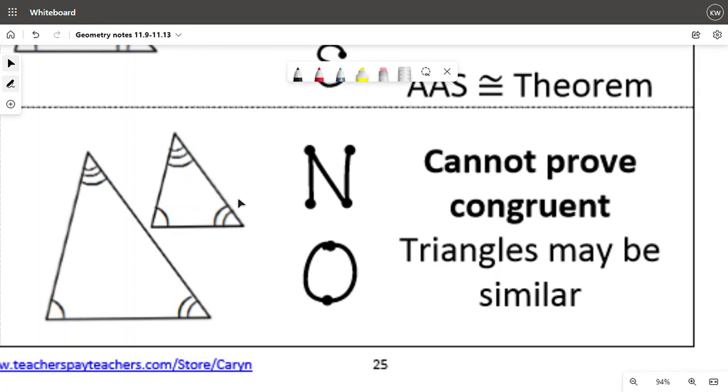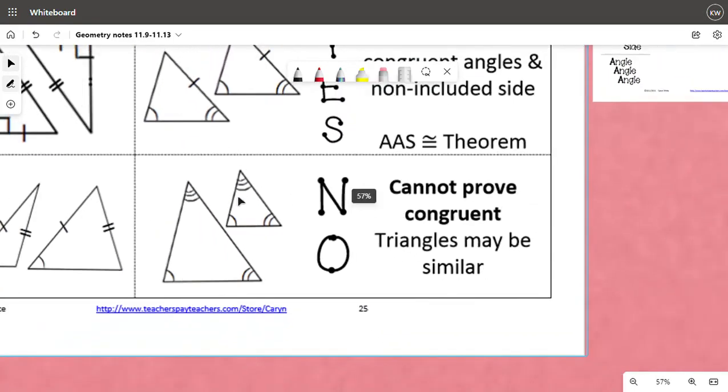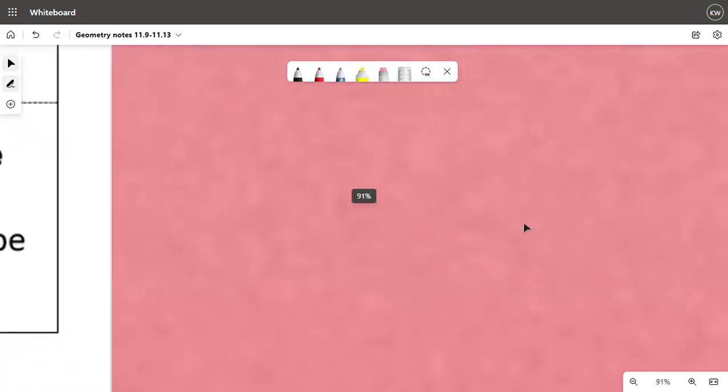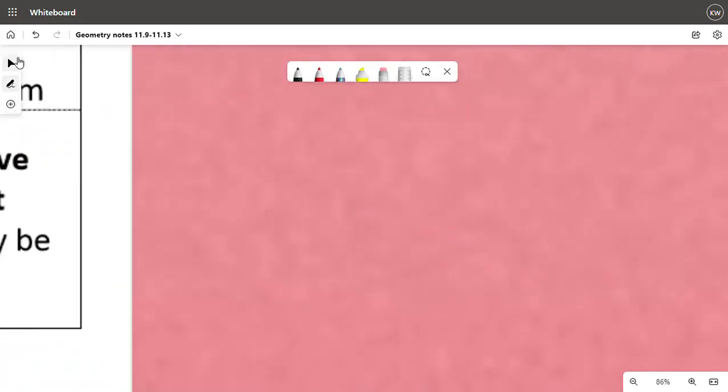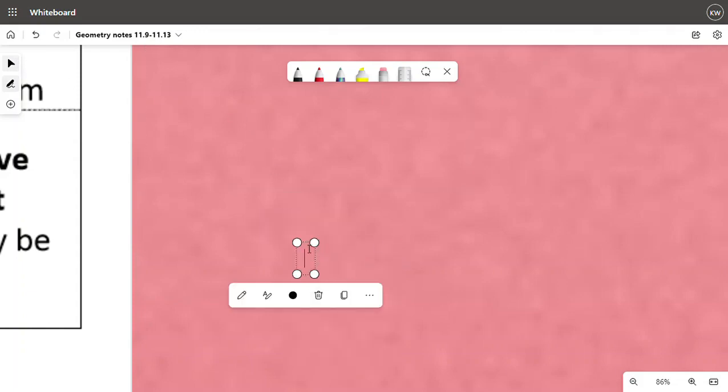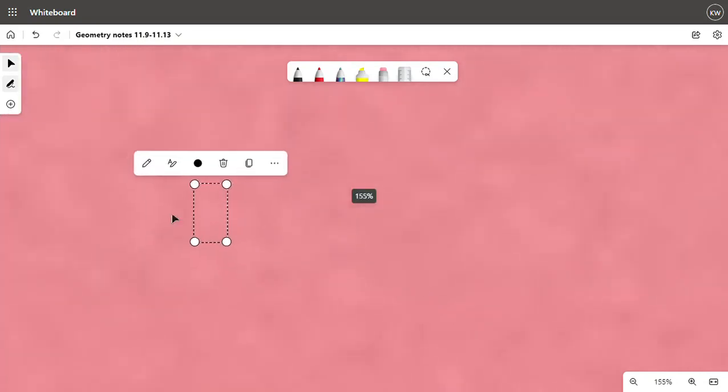Now, before we get on to some practice, one more thing that you need to know is a little acronym that we call CPCTC. So, let's type this out real quick, because this is kind of a mouthful. All right, let's zoom in here. So CPCTC.